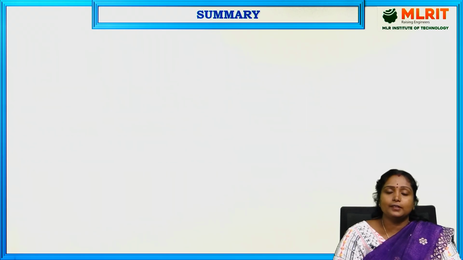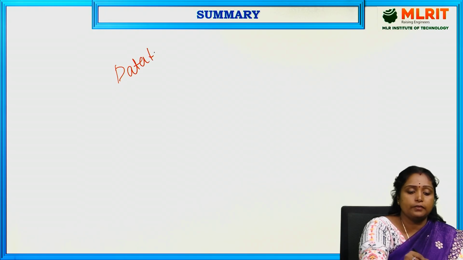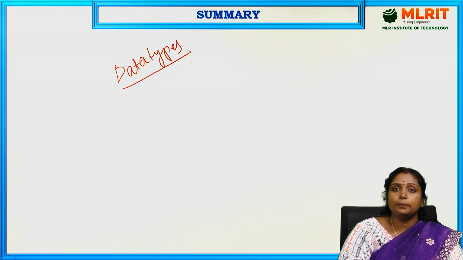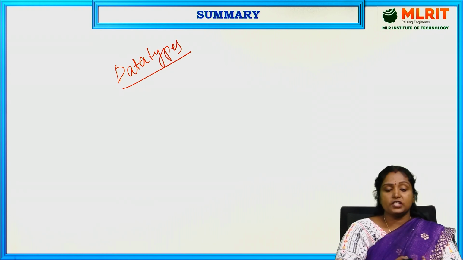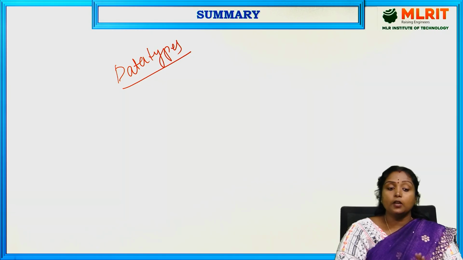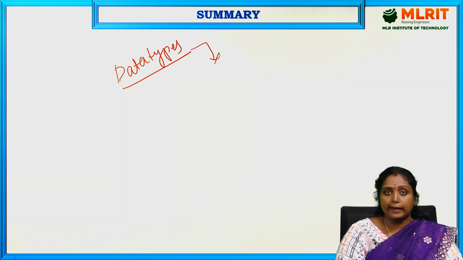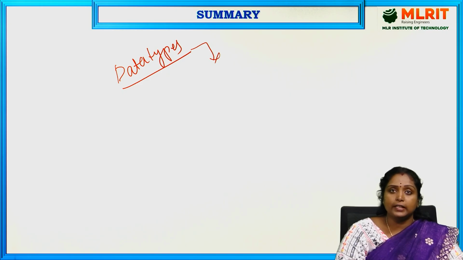So coming to this session, what we have learned in this session is what the different types of data types are. What is a data type first? Data type refers to which type of data a variable can hold. In order to declare a variable or identifier, you have to use a data type for sure.